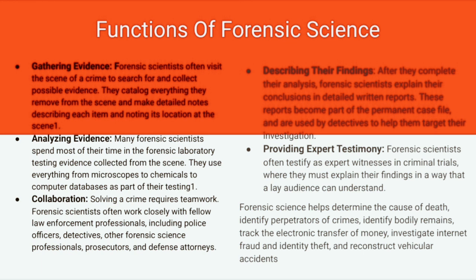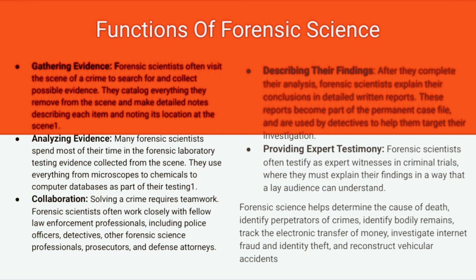These reports become part of the permanent case file and are used by detectives to help them target their investigation. Providing expert testimony. Forensic scientists often testify as expert witnesses in criminal trials, where they must explain their findings in a way that a lay audience can understand.